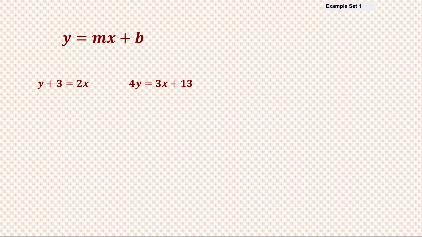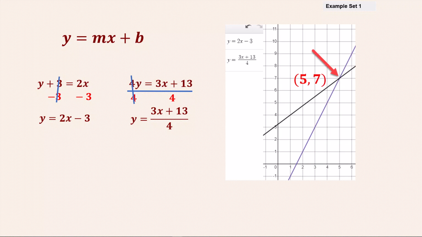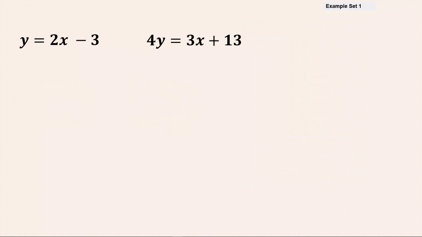We convert both equations into that form and graph them to find the solution to be the point (5, 7). Another method to achieve the same solution is called substitution, and is often the better process if converting to slope-intercept form for graphing is not the clearest way to the solution.